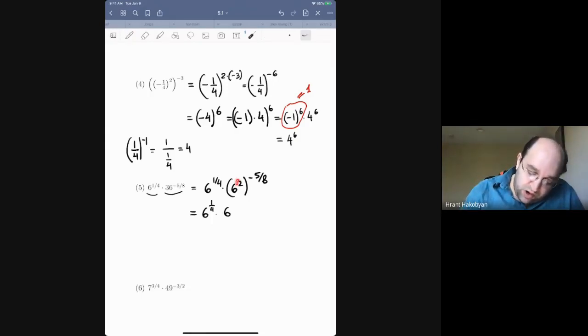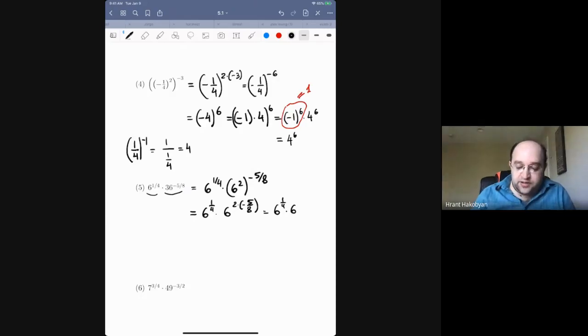Well, this is the power of a power, right? So the powers multiply, so I get 2 times negative 5/8. So that's going to be 6 to power 1/4 times 6 to power negative 5/8 times 2. Well, 2 and 8 cancel, they give me a 4, so it's going to be negative 5/4.